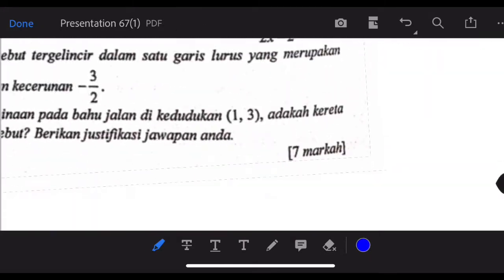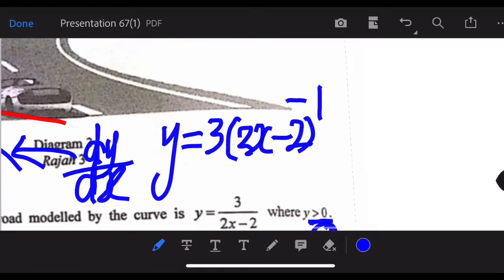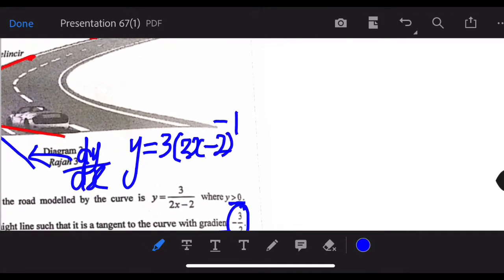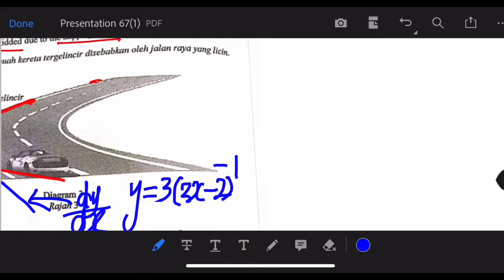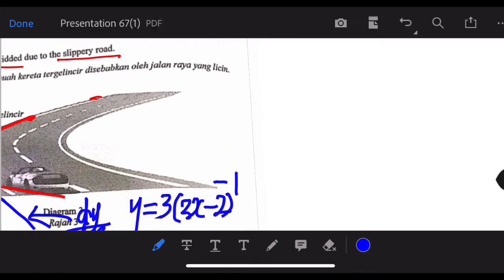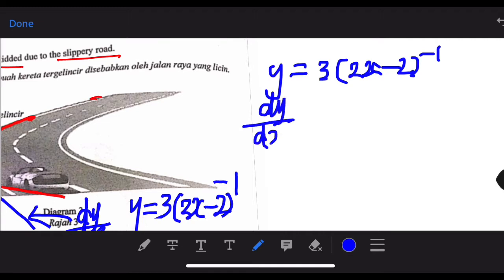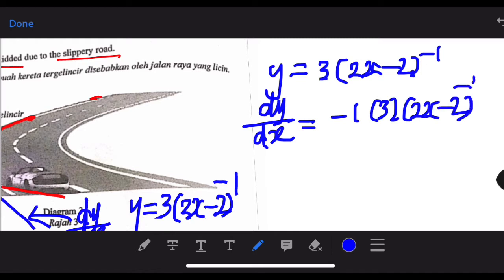Okay, so first thing we try to differentiate. How to differentiate? You still remember how to differentiate this? So you have y equal to 3(2x minus 2) to the power of -1. So dy/dx is, by chain rule, -1 times 3, then (2x minus 2) to the power of -1 minus 1.